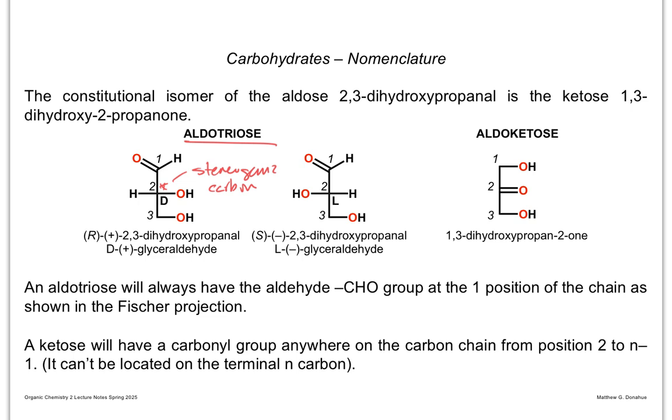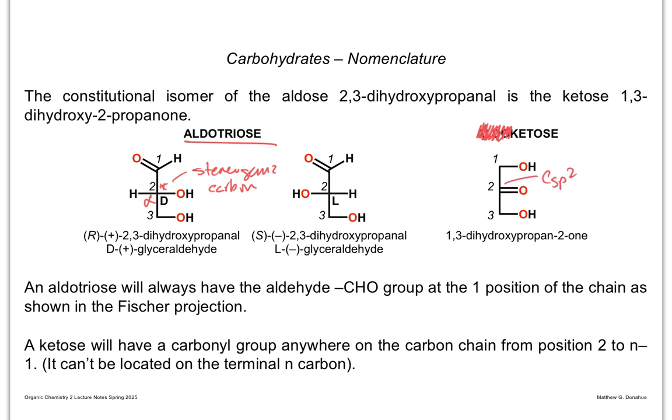If the aldose undergoes an isomerization, we learned that the carbon next to a carbonyl is the alpha carbon, right? That can isomerize to a ketose. So this should not say aldo here. That should just say ketose. So now the carbonyl has migrated to an internal carbon.